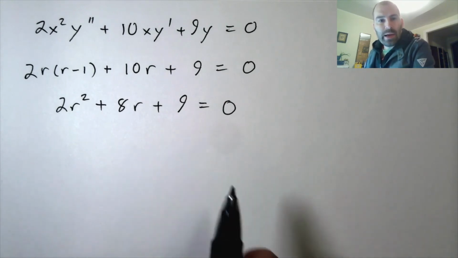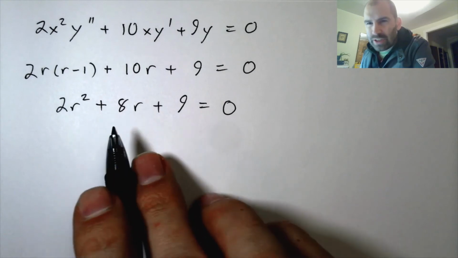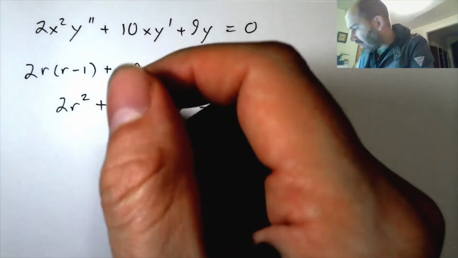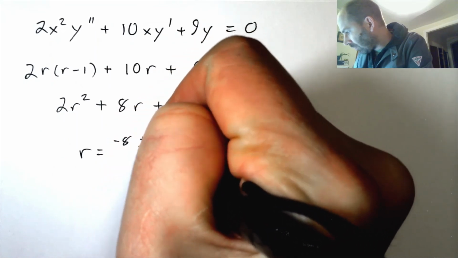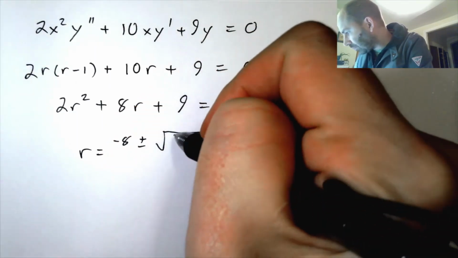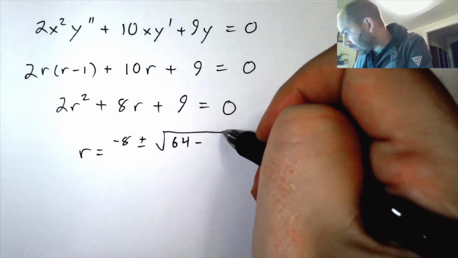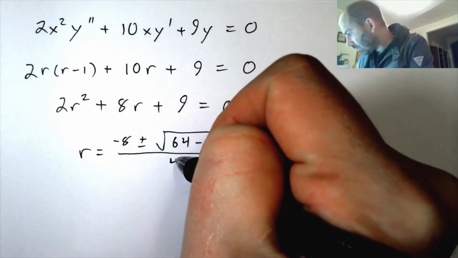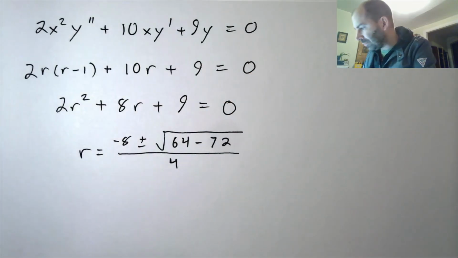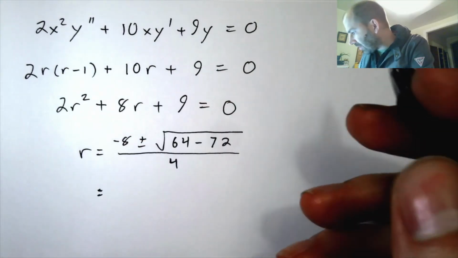Okay, now this one, I don't think this one is easy to factor. We're going to use the quadratic formula here. So let's see what we get when we simplify this thing out.